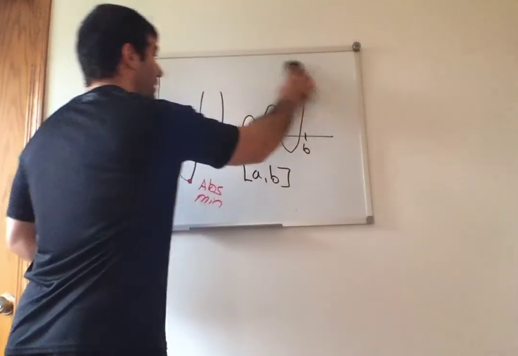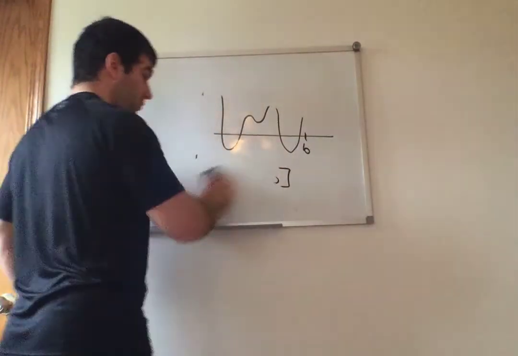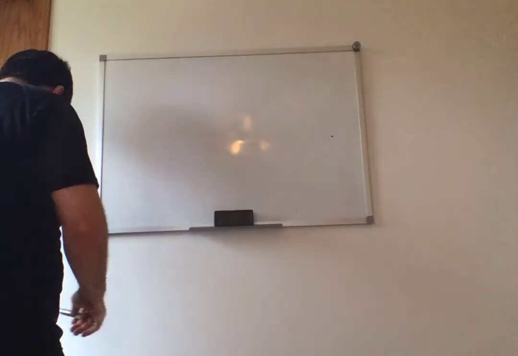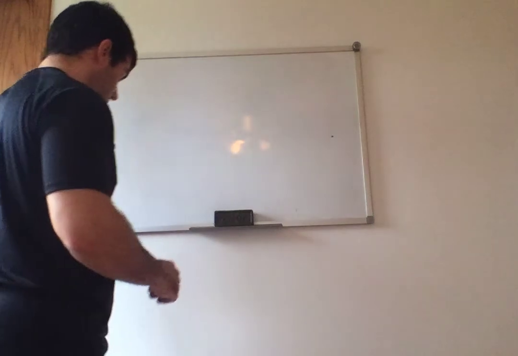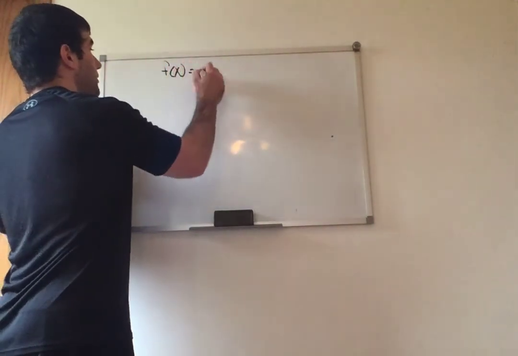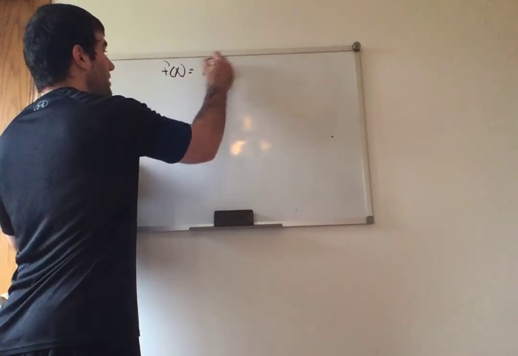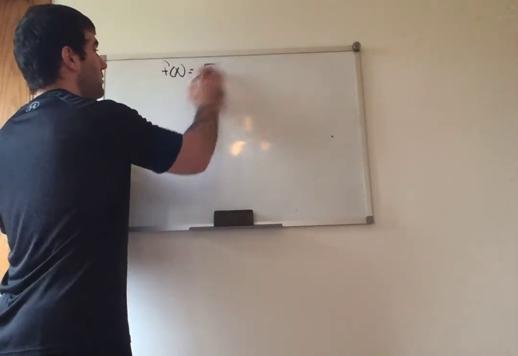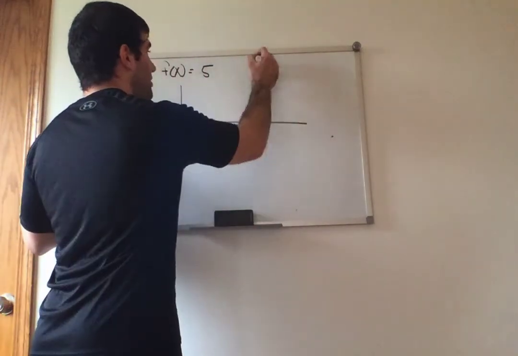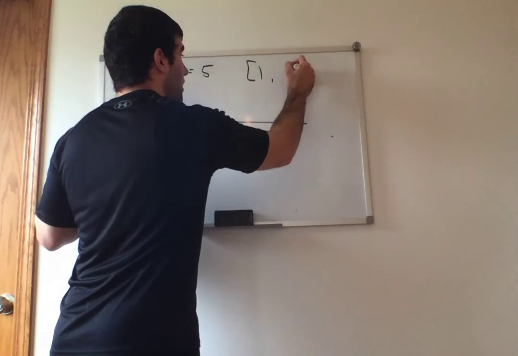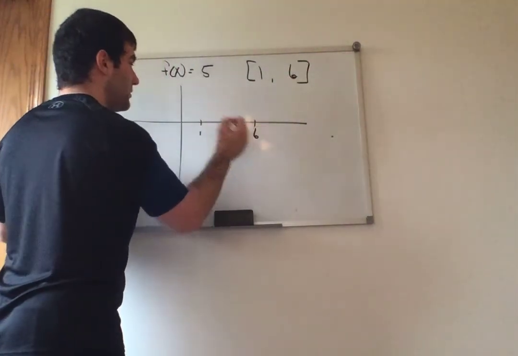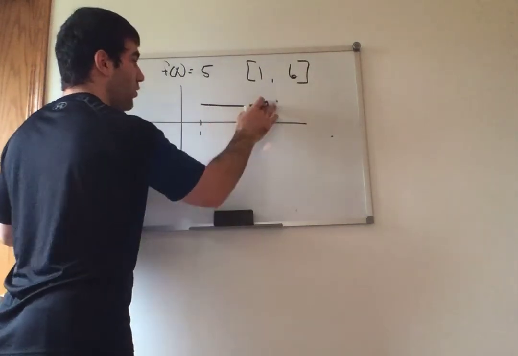Now, here's, in my opinion, a really lame example. f of x equals some number, just say like 5. That's a really bad 5. Let me redo that. Let's just say we're talking about the interval 1 to 6. Well, from 1 to 6, this just looks like a horizontal line.